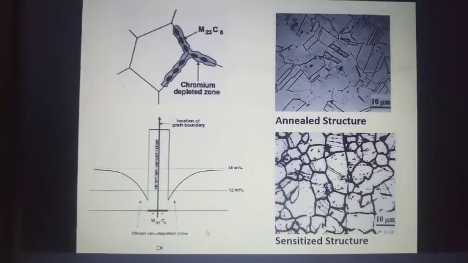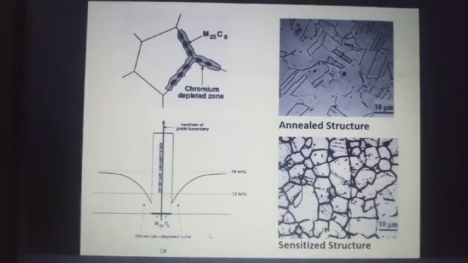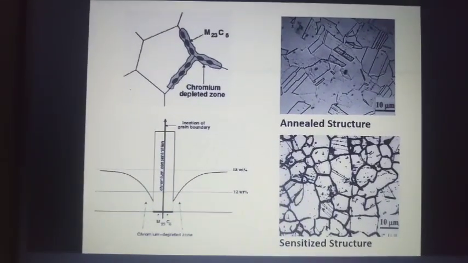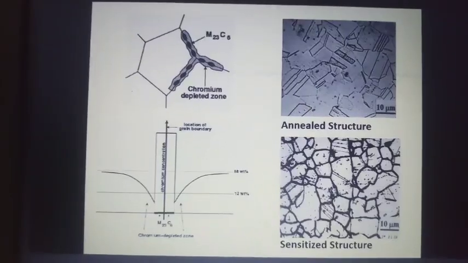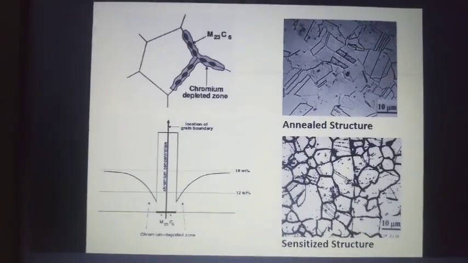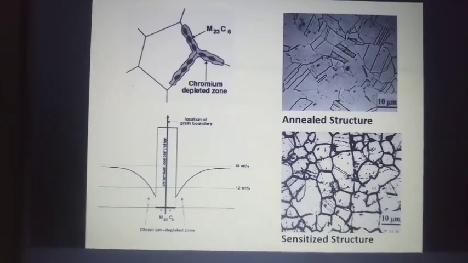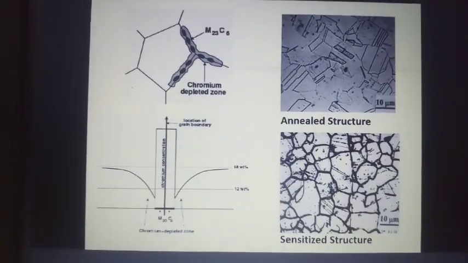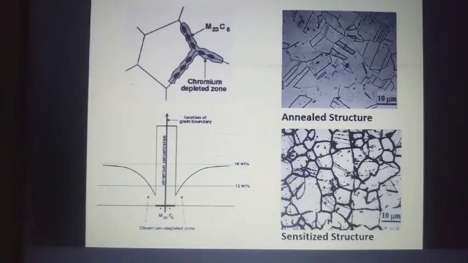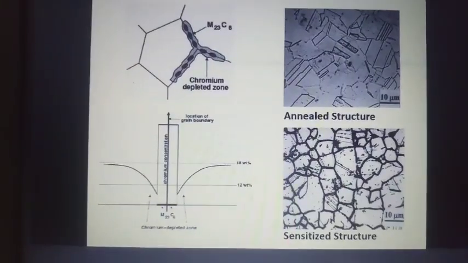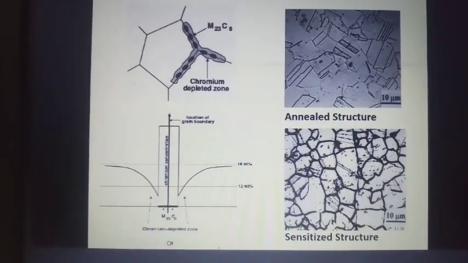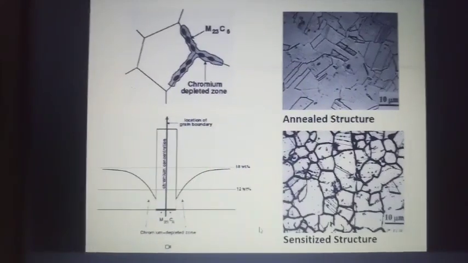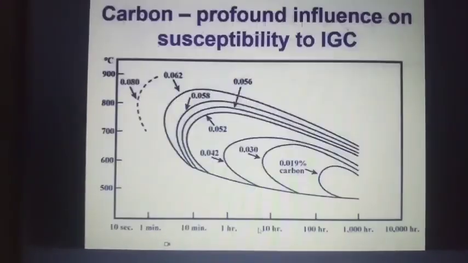Because of the diffusion facilitated at 400 to 800 degrees C, thermodynamically and kinetically they are stable and form the chromium carbide. If we don't do rapid cooling, this will happen. Yes, correct.